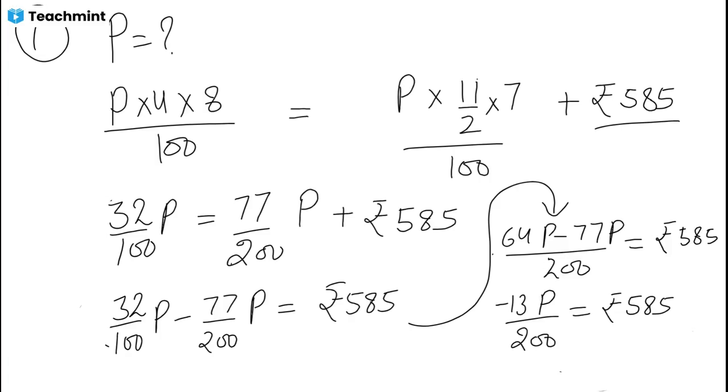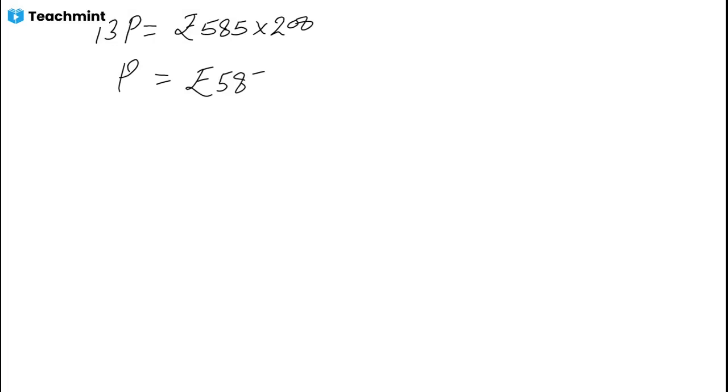So write it: only 13p is equal to rupees 585 into 200. And now we can do it as rupees 585 into 200 divided by 13.